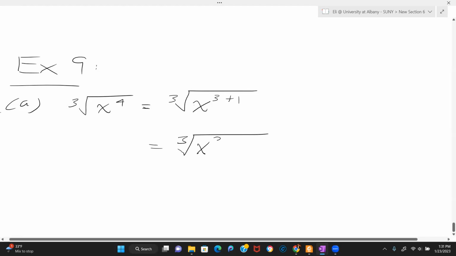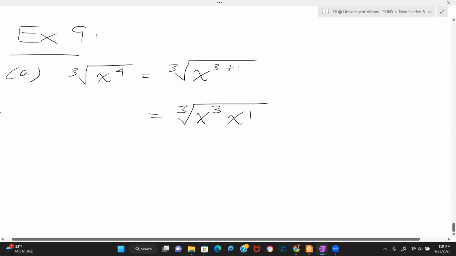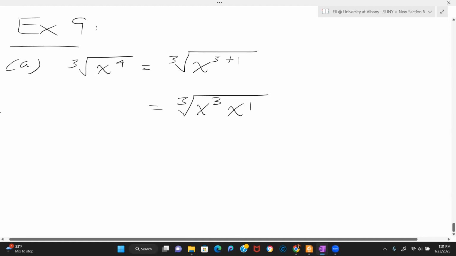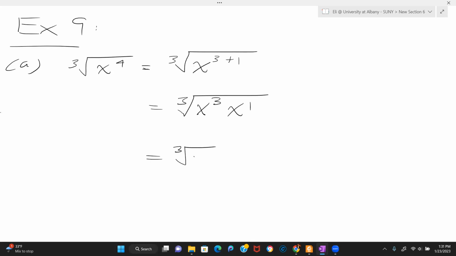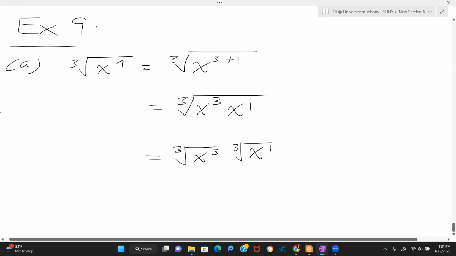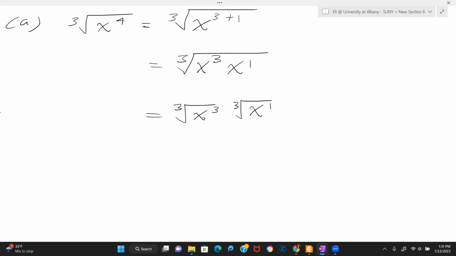Now I have the cube root of a product, so the cube root distributes, or more generally the nth root distributes over products. This doesn't really simplify anything, so we'll just leave it that way.